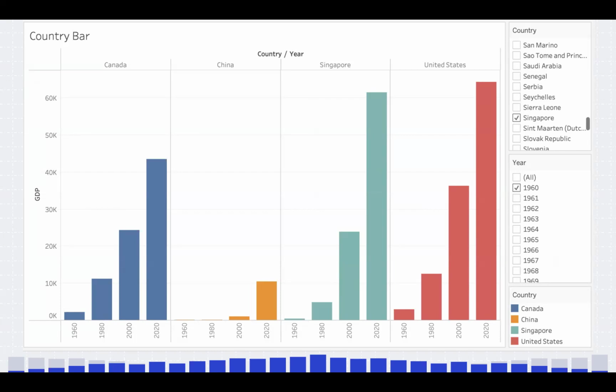This visualization also helps to understand the economic impact of historical events and policies on different countries and different years. Together, these visualizations provide a comprehensive view of global economic trends and support effective policy planning and resource allocation. Next slide.